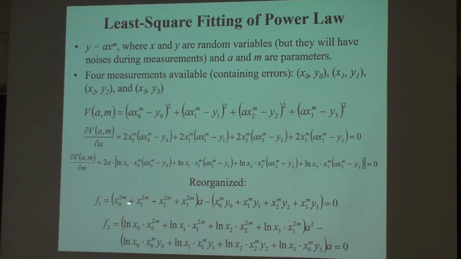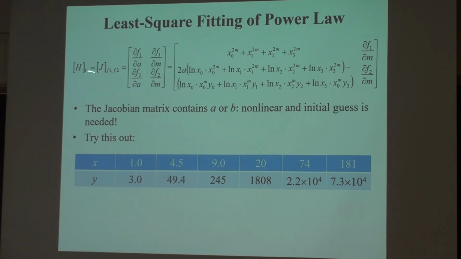But m remains highly nonlinear, an exponential function. So if you write down your Hessian, this one is too long. It has a closed form, but I just didn't write it down. You can solve this nonlinear optimization.